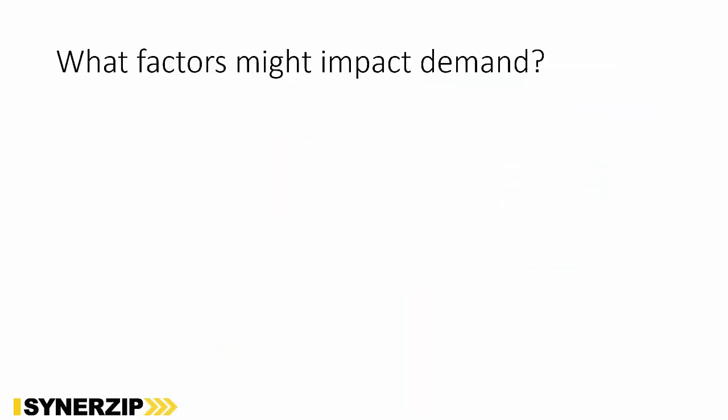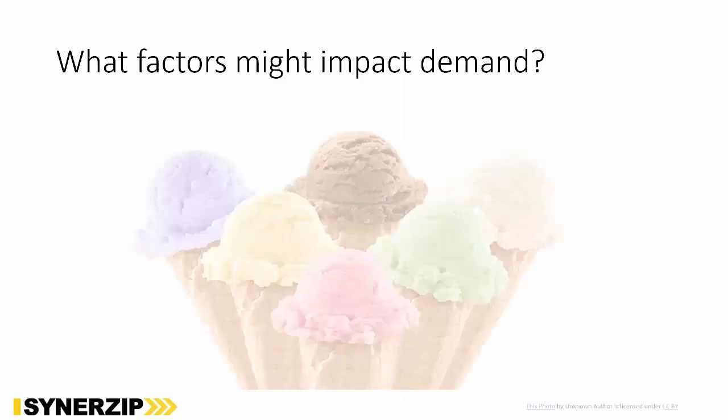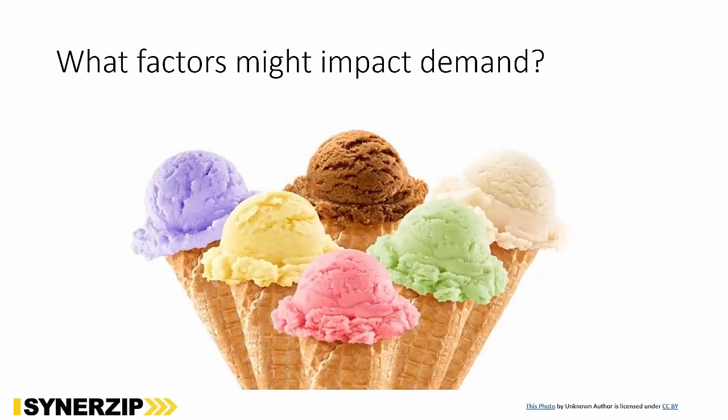So here we go. Here's a bit of a trial run and a test to see how good you are at understanding what might impact demand. Ice cream sales. What's going to impact ice cream sales? Have a think about the factors that might cause ice cream sales to be high or low. Is it the trend?